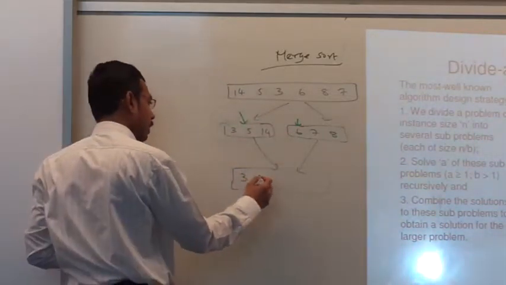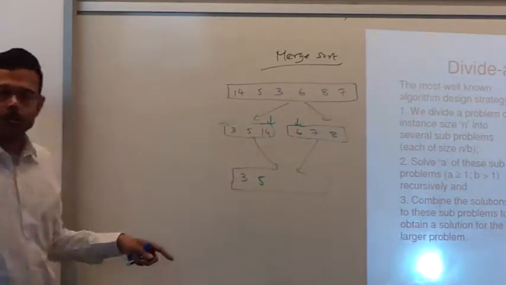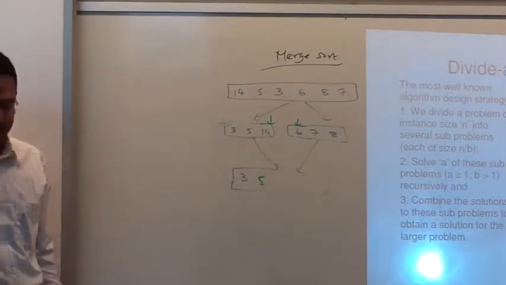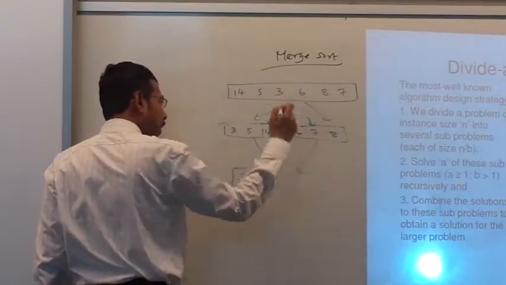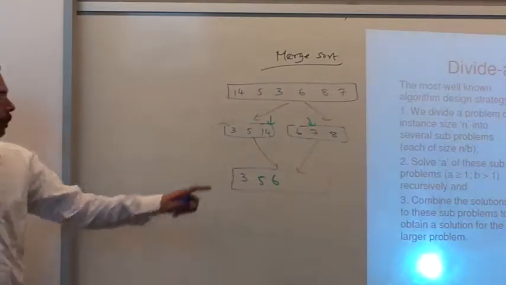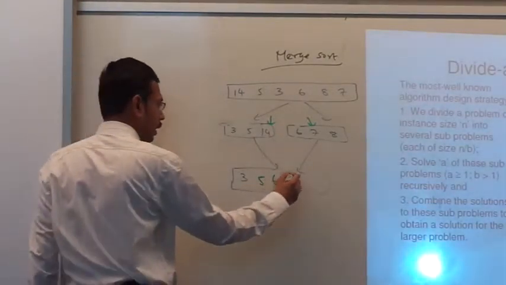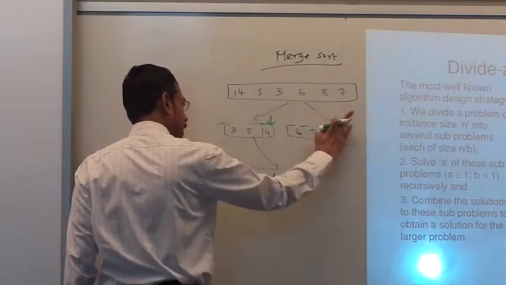So 5 is smaller, and then my pointer is over here. So now I compare 14 and 6, which is smaller, 6. So now 6 is here, so I have to move the pointer here, 7. So compare 14 with 7, which is smaller, 7. And then 8 and 14, 8 is smaller, so you're done with this array.